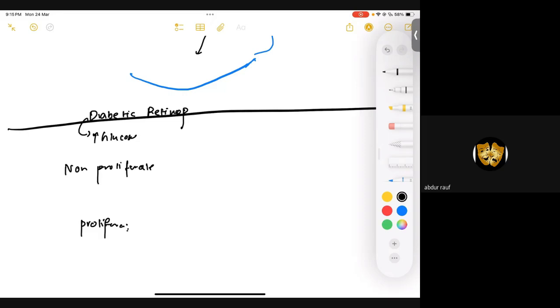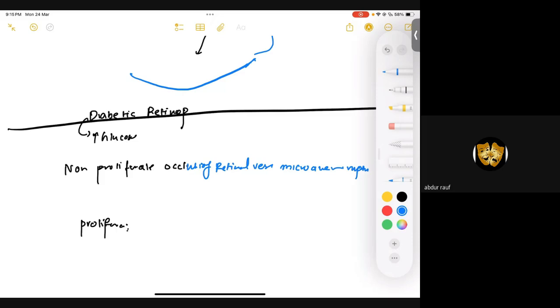What happens in the non-proliferative variant? As we know, there is occlusion of the retinal vessels due to hyperglycemia. If they are occluded, they would become thinned and narrow, which in turn leads to microaneurysms, and those microaneurysms can rupture and cause problems.